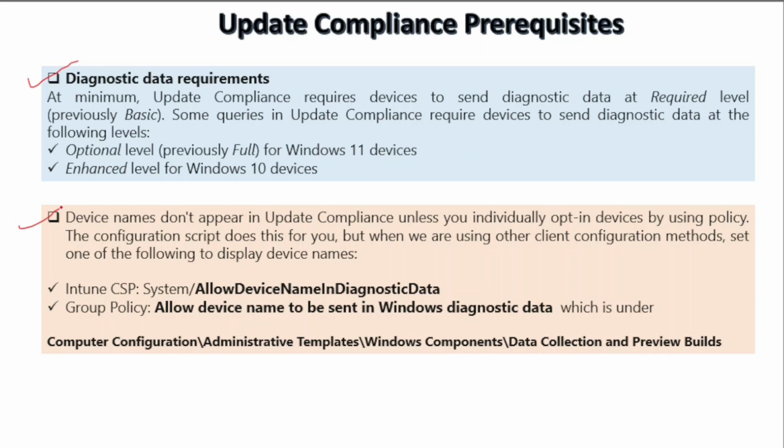If we are using Intune to configure the device, we can use the Intune CSP policies and create a CSP policy to allow device name in diagnostic data. For group policy, we can use the administrative template. The location is Computer Configuration, then Administrative Templates, then Windows Components, and then Data Collection and Preview Builds.